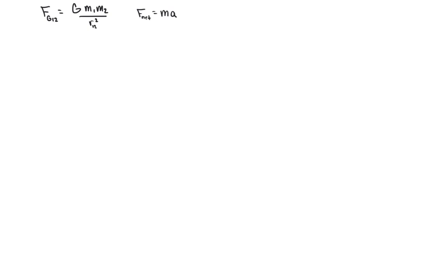And Einstein reasoned that the inertial and gravitational mass are indistinguishable from each other, and there's no experiment that you can do to distinguish between the two kinds of mass.